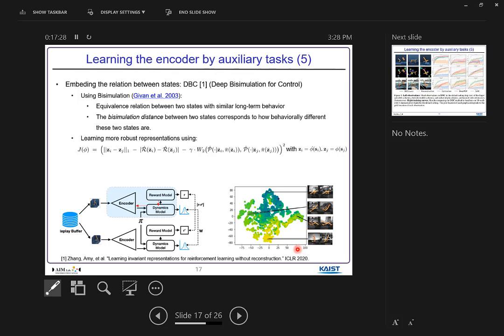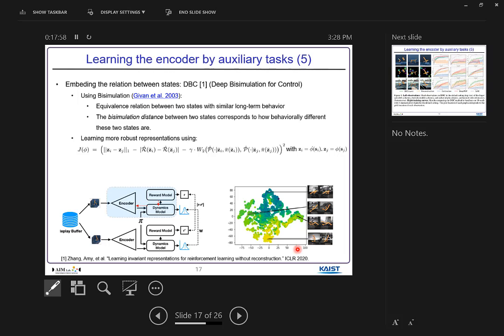You can see these two states have a similar pose, right? This robot and this one are different observations, with a similar pose but a different background. But this method can learn to place them close together in the latent space.